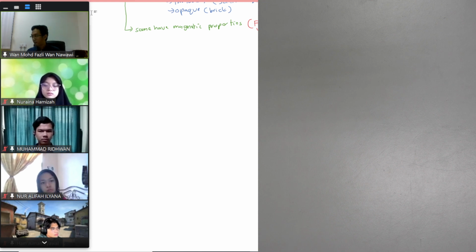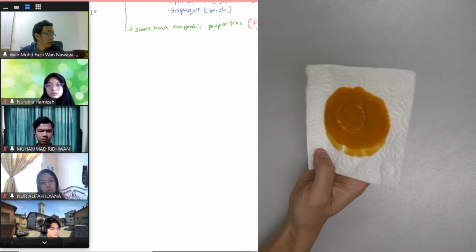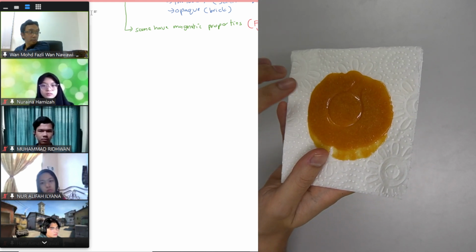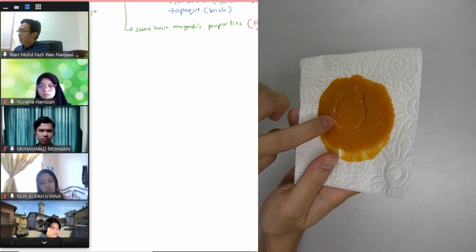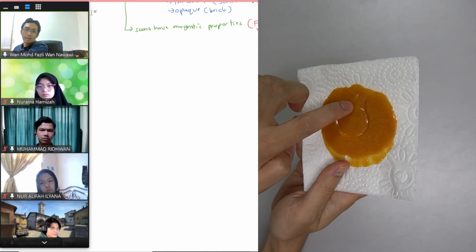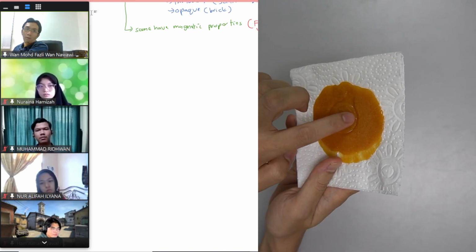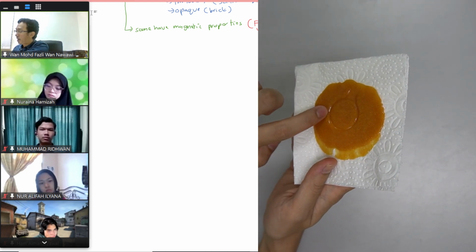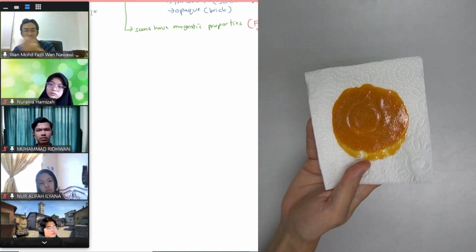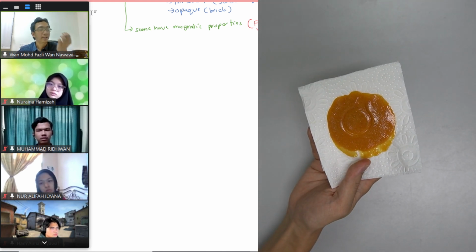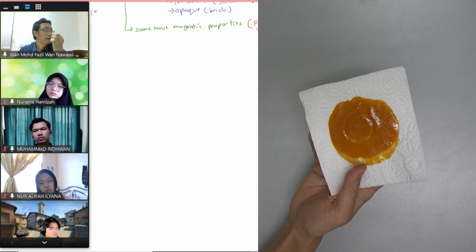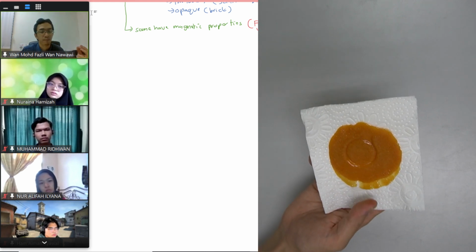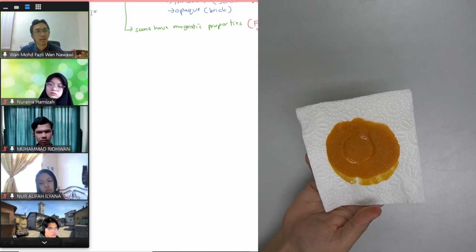For example, this Dalgona that I make, you normally have a pattern, either square, round or triangle. If you look there, there is a dent. The reason why it's easy for people to break it here is because of the concept of crack propagation. This is the same idea in the ceramic.